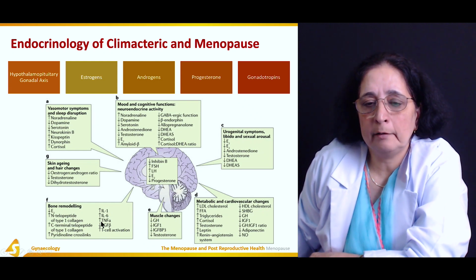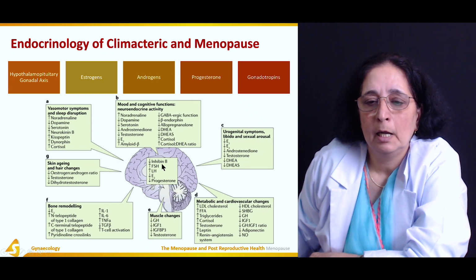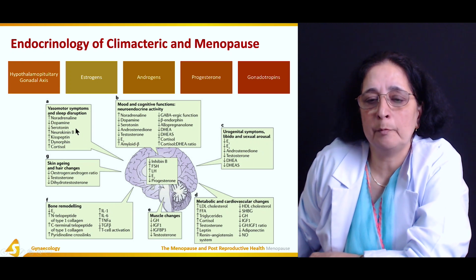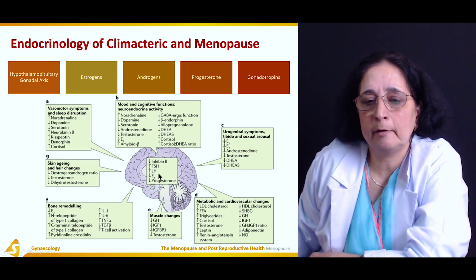So all these effects lead, in the brain, to different changes that decrease inhibin B, and then there is an increase in follicle stimulating hormone, an increase in luteinizing hormone, but instead of an increase in estrogen and progesterone, there is a decrease in estrogen and progesterone.